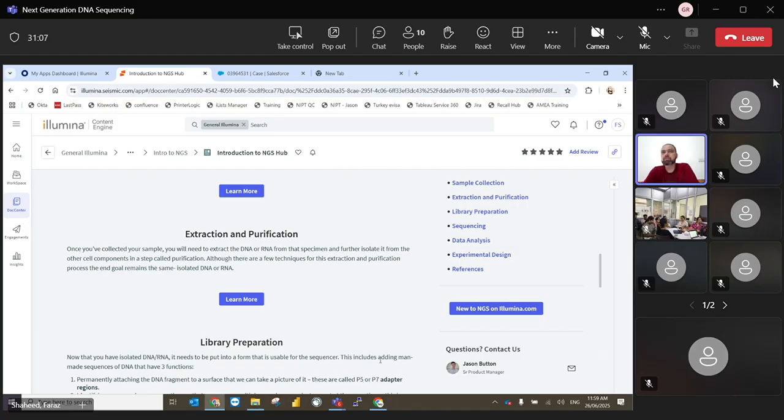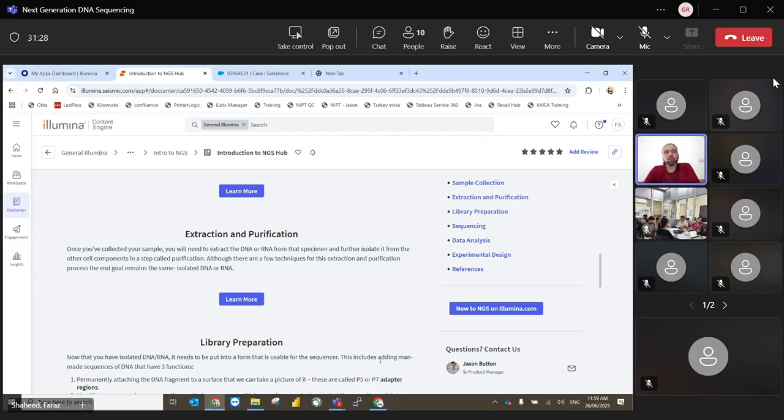There is MGI. Thermo also has some instruments. So there are different companies that manufacture the next generation sequencers. But Illumina being the market leader, I think if you understand Illumina's technology, then it should be easier for you to get onto the other technologies as well.